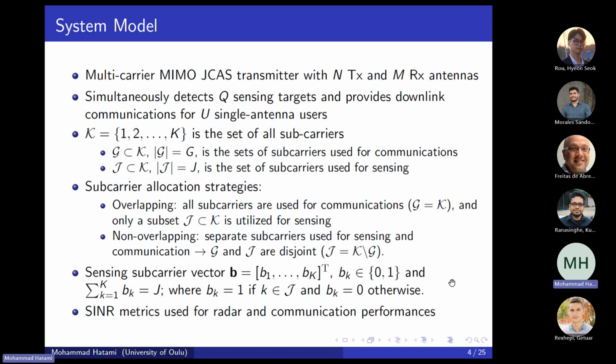In the non-overlapping strategy, we use some of the subcarriers for sensing and the remaining for communications. Therefore, the sets of sensing subcarriers and communication subcarriers are disjoint. And we consider a SINR metric for both radar and communication to evaluate the performance.